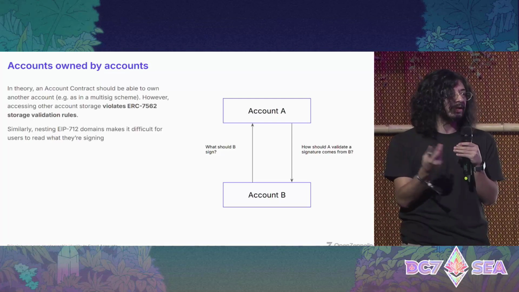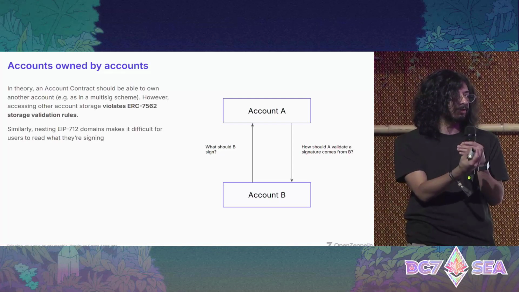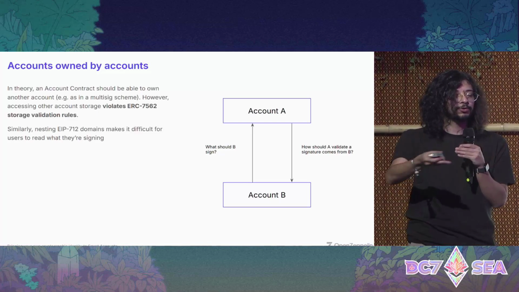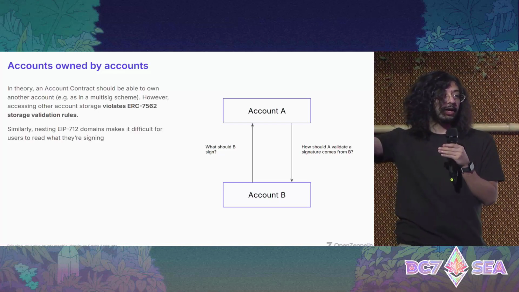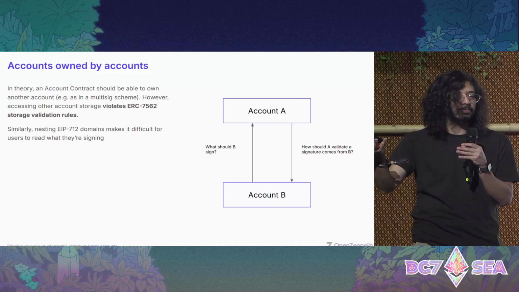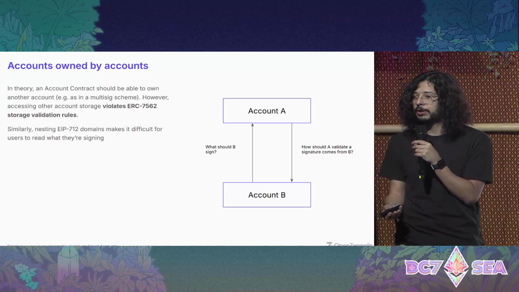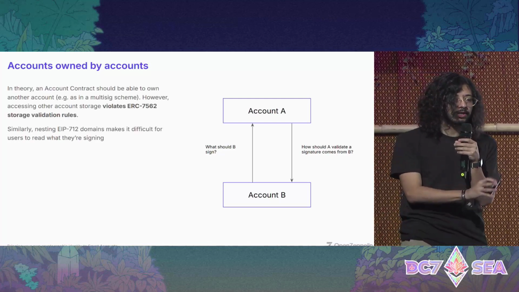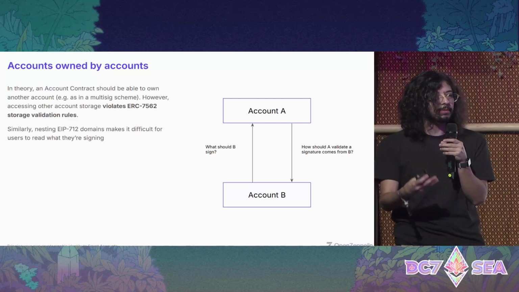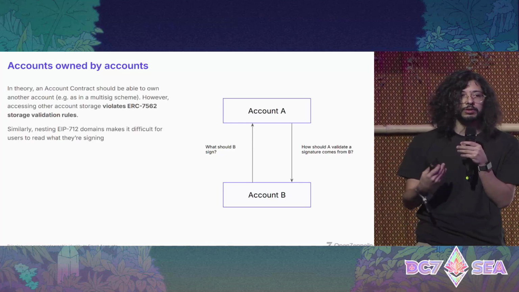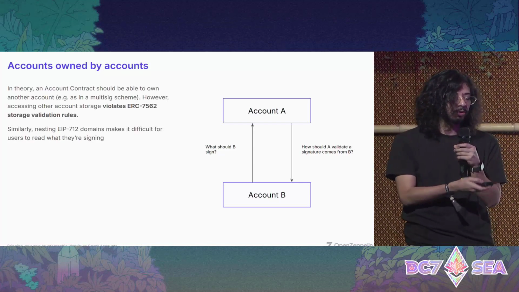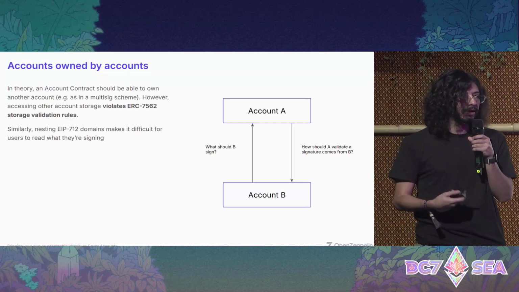For example, if in the validation phase, which is literally where you check signatures, you go to another contract and check storage, let's say to record the public key, then you are violating some of these rules, right? So these are some of the challenges that come in when you want to add composability to accounts. We have found this as an issue, and we of course want to work to solve this.